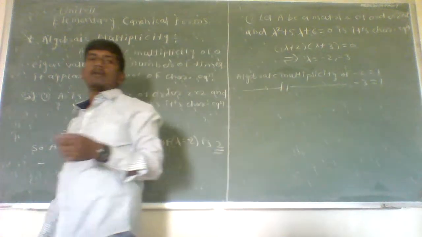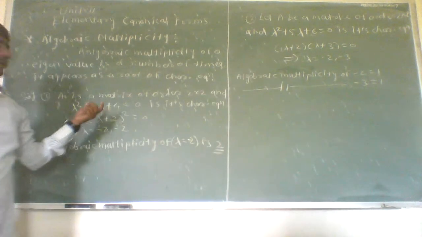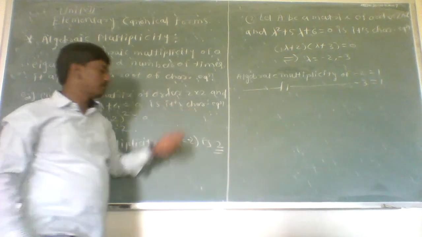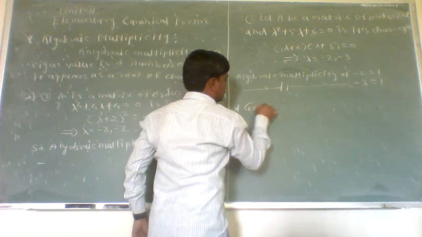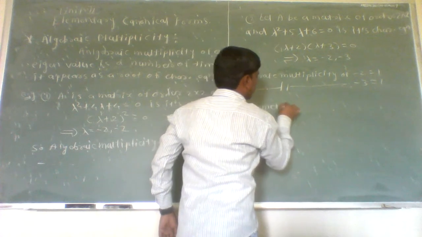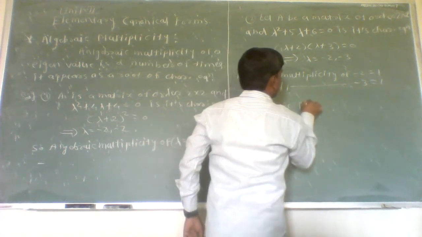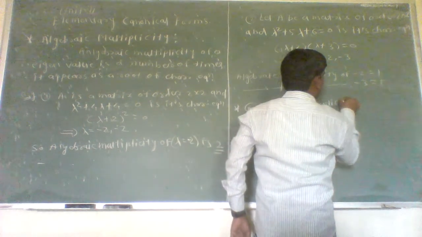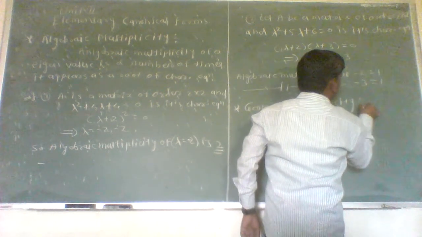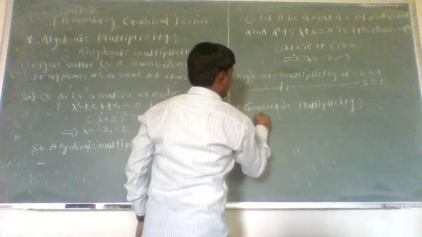So in this way we can find out the algebraic multiplicity of any given characteristic value. Now we have to see what is the geometric multiplicity.